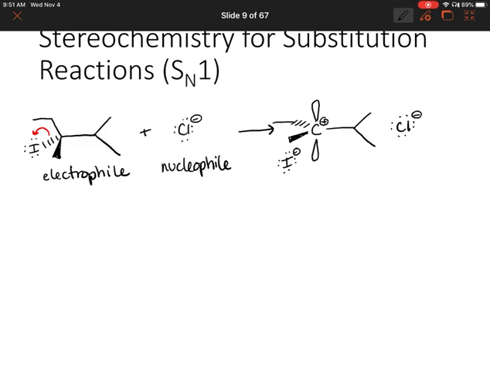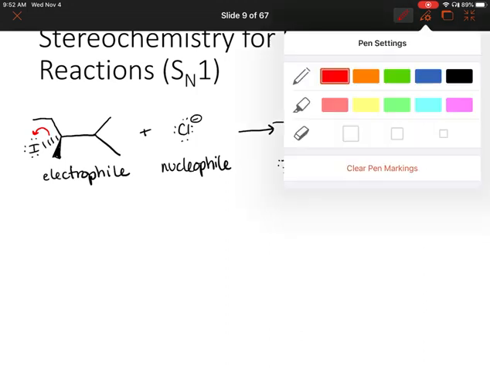Now, there are 2 different ways that the chloride ion here could attack. It could attack from the top or from the bottom. And this is going to give us 2 different products with different stereochemistry.